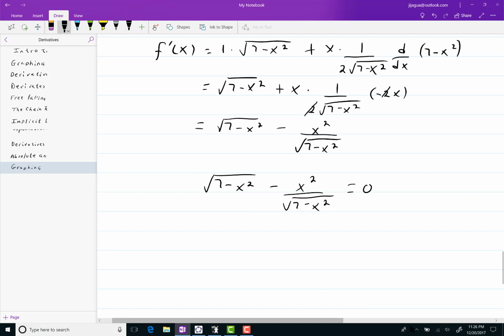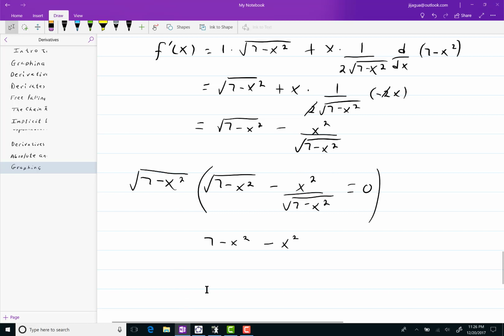Watch what happens. On the first part, the square root of 7 minus x squared times itself is going to just yield 7 minus x squared. The square root disappears. It's even better on the next one. When you multiply it through, it will cancel with the square root of 7 minus x squared in the denominator and will leave you with just x squared.